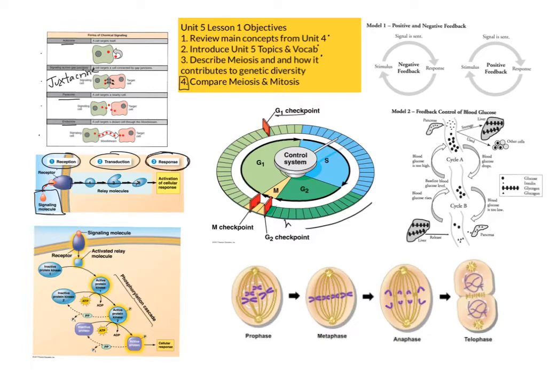That's the response phase. And we talked about how there are many different examples of responses that can be brought about by a cell signaling pathway, whether it's apoptosis or gene activation or enzyme activation, right? All of these are potential responses of a cell signaling pathway.